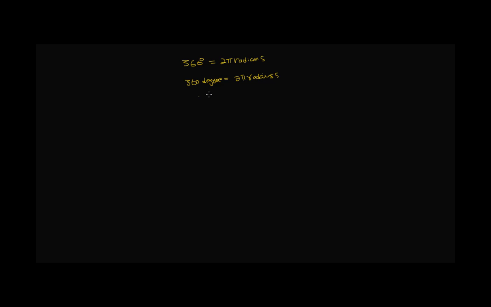If we solve for D, or degrees, in terms of radians, we get D is equal to 2 pi divided by 360 radians, or pi divided by 180 radians. So if you have this many radians, you get 1 degree.